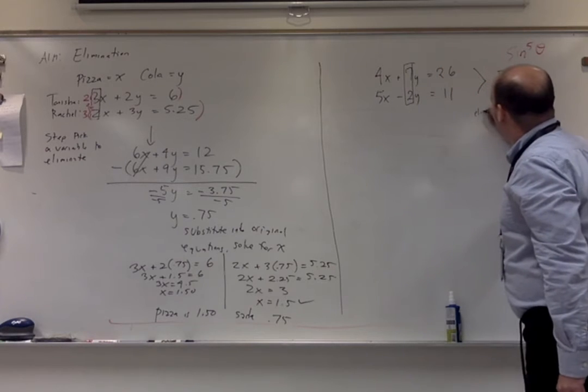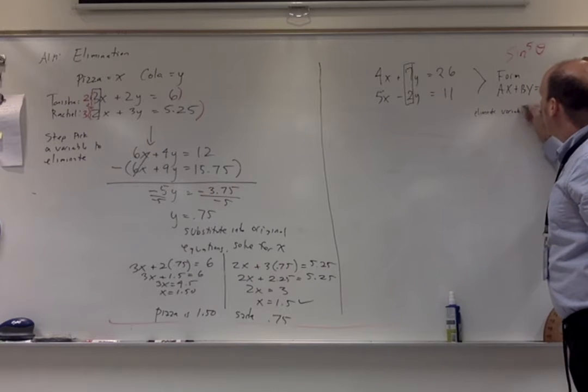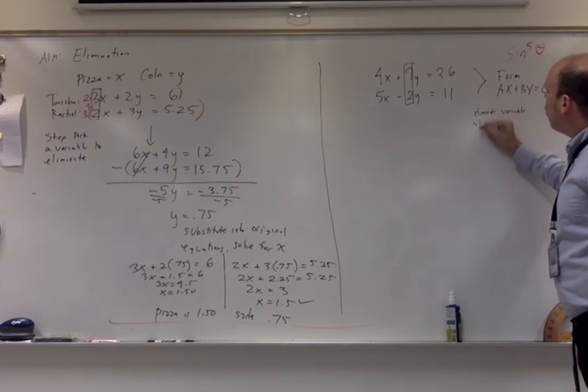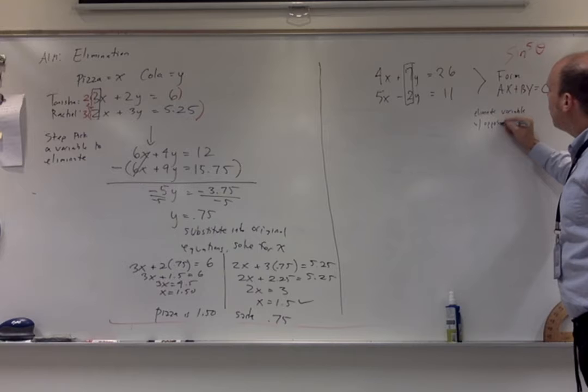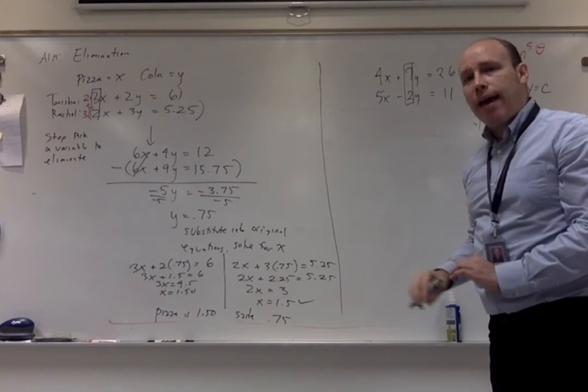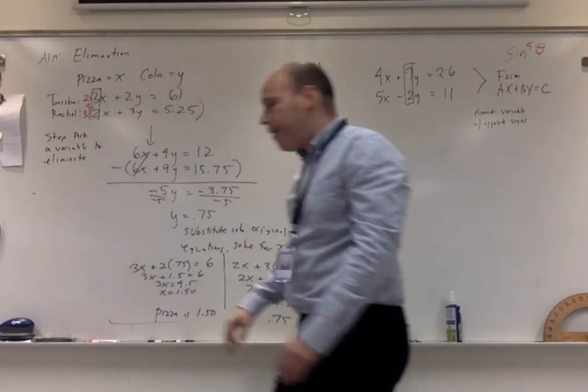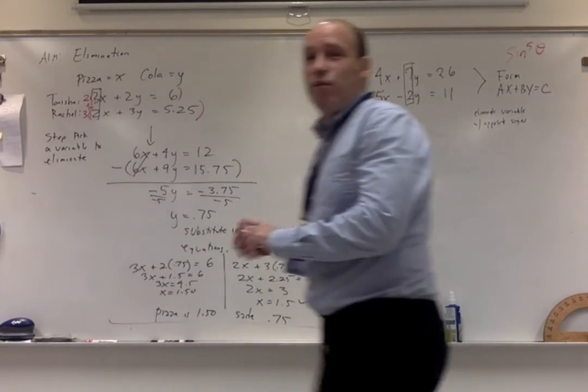So eliminate the variable with opposite signs. You'll see this in a second. I circled the 7 and the 2. I'm going to multiply the other equation by those numbers.